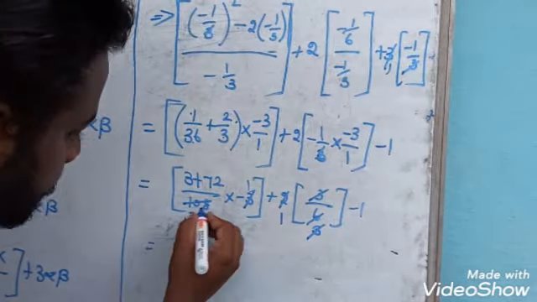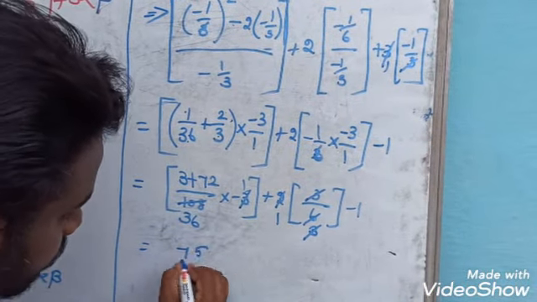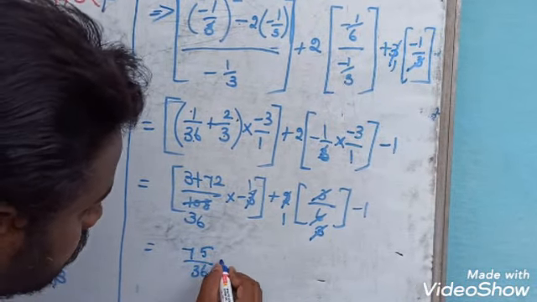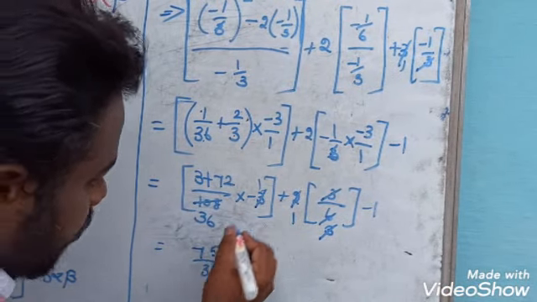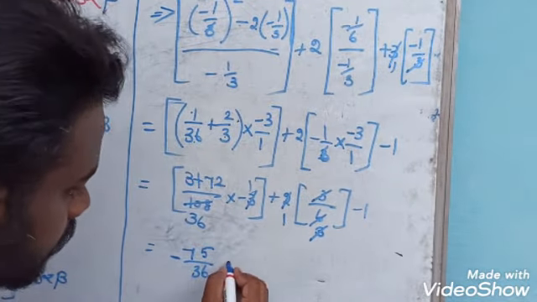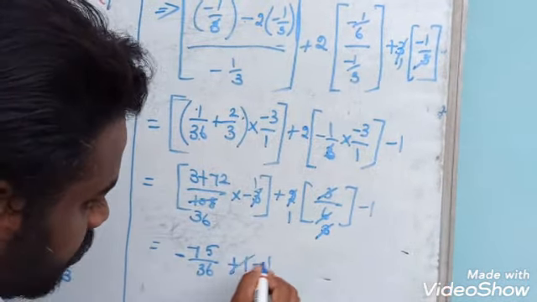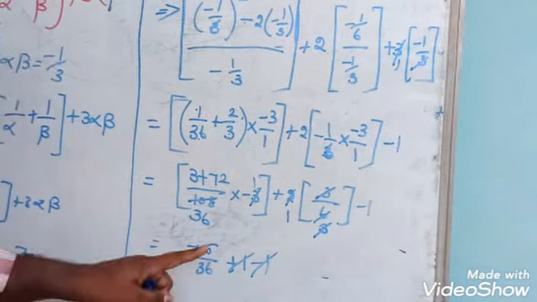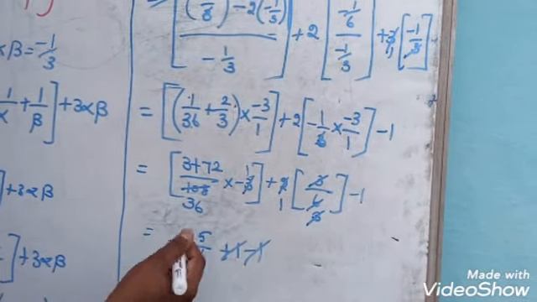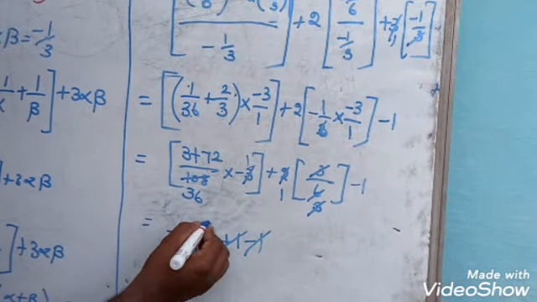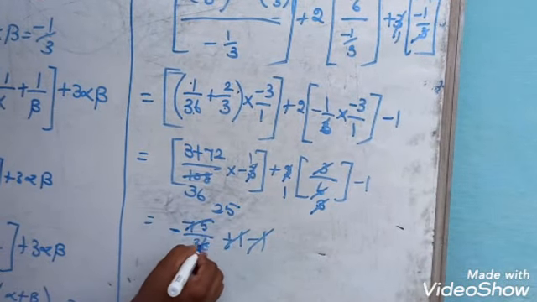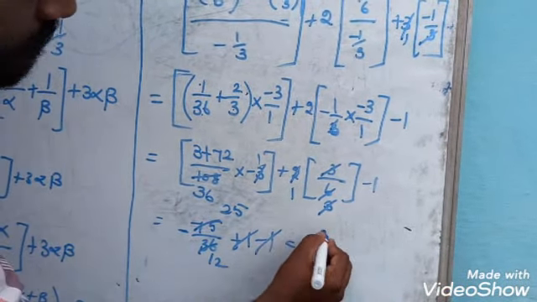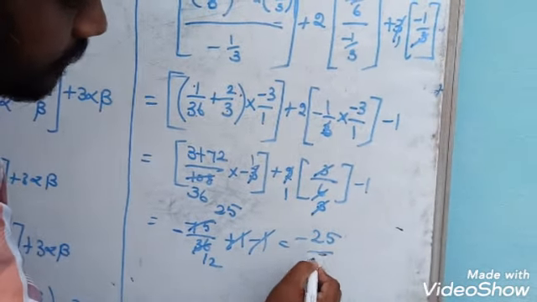So here 75 divided by 36 into minus 1, we get minus 75, and then plus 1 minus 1 plus 1 minus 1 will get cancelled. Finally we cancel it by 3 table. We get 25 divided by 12 minus 25 divided by 12.